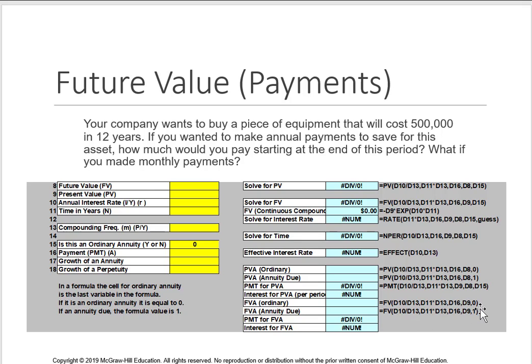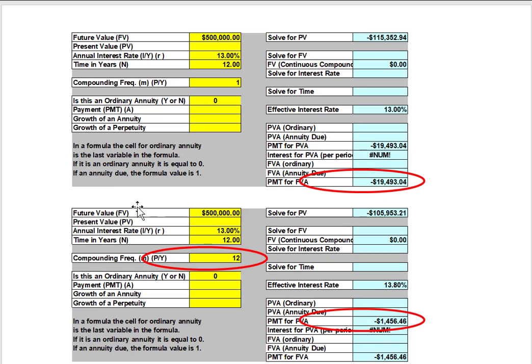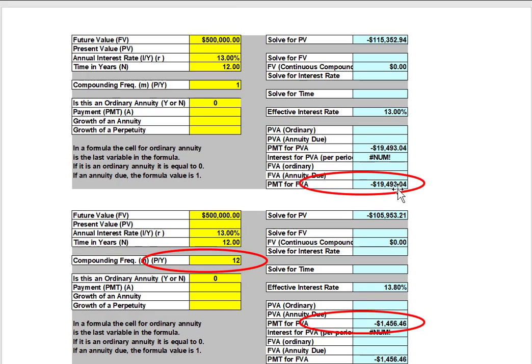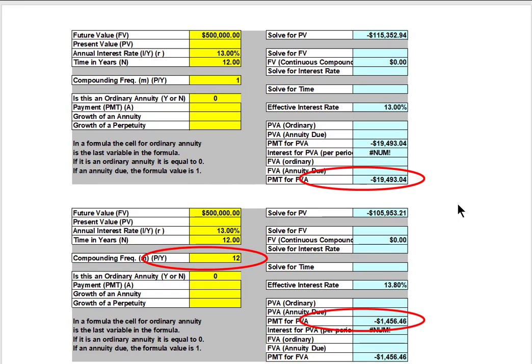Notice at the end, it has a 0. So let's see how that works. Again, $500,000, that's what you need in the future. Here's your interest rate, time in years, once per year. You're going to have to make an investment of $19,493 every year for 12 years.